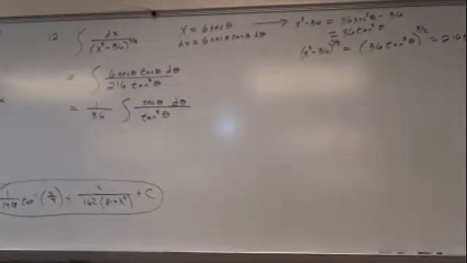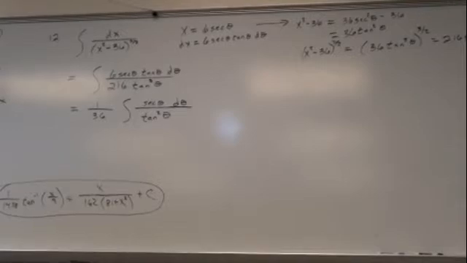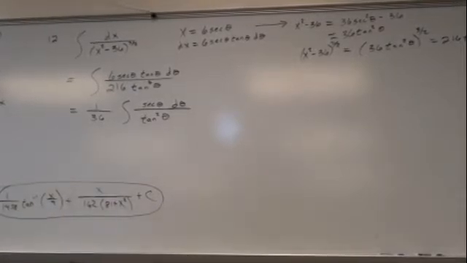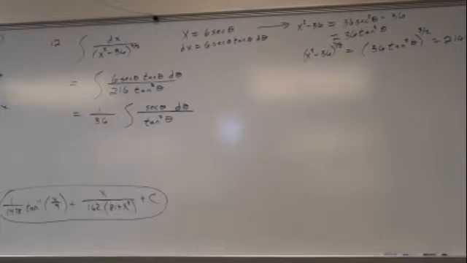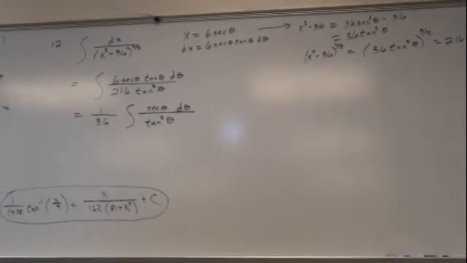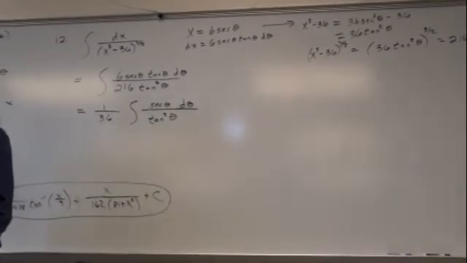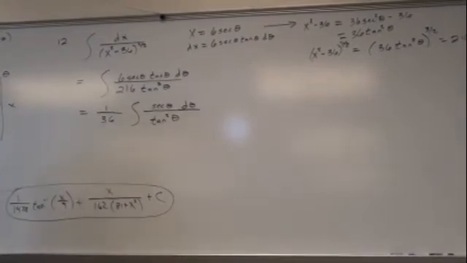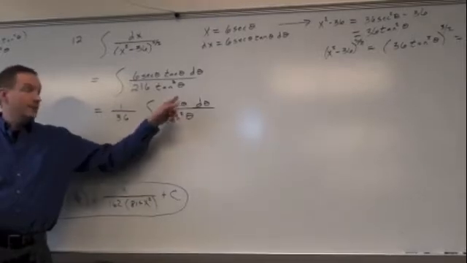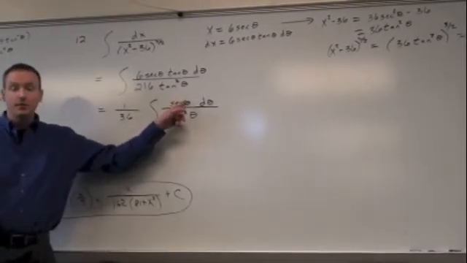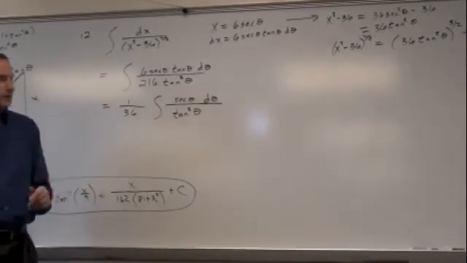So at this point, I wouldn't want to do a u substitution because the derivative of tangent is secant squared. I don't have that. That's the first thing I would look for. I would say, could I let u equal that denominator? And if the numerator was secant squared, that would be beautiful. But it doesn't work in this case.